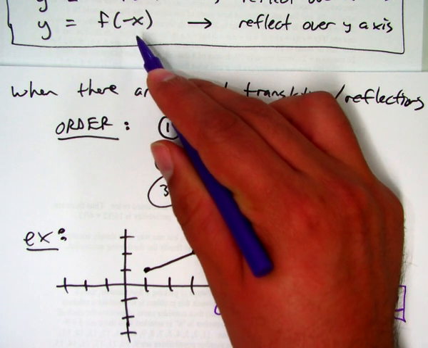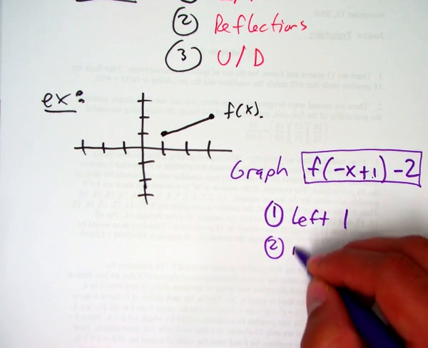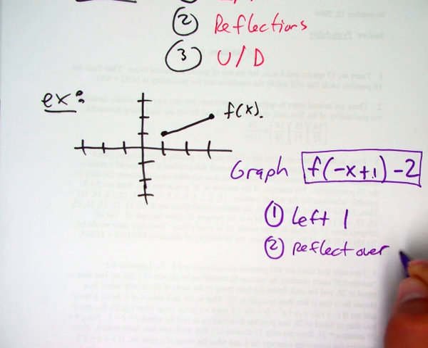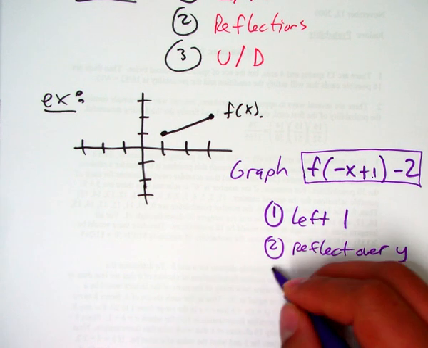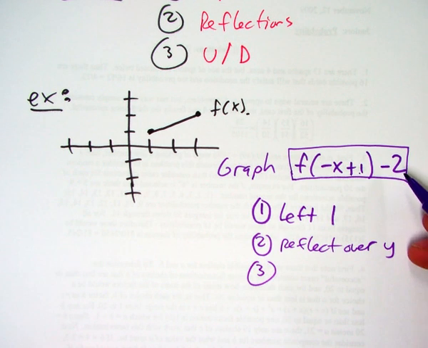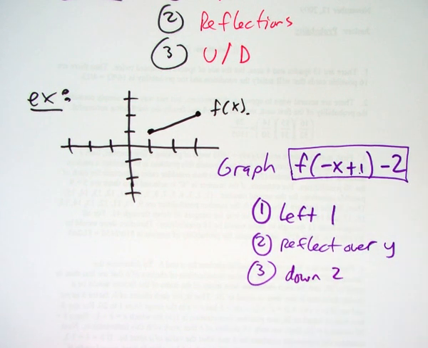Anytime we have a negative x plugged into the function, we reflect over y. And then last, we go up or down if there's any of that. And outside of the function here, we see that there's a shift down 2. So I'm going to do these 3 steps, and then I'll show you the final graph.